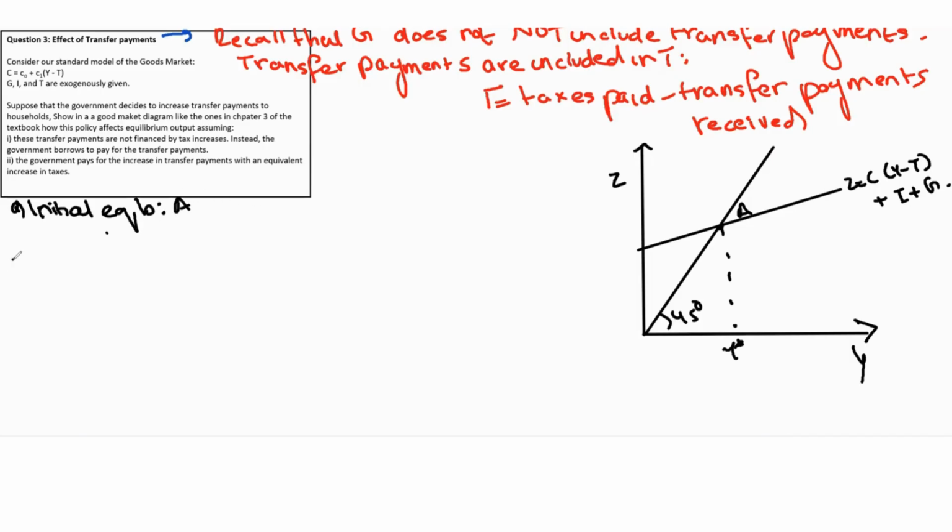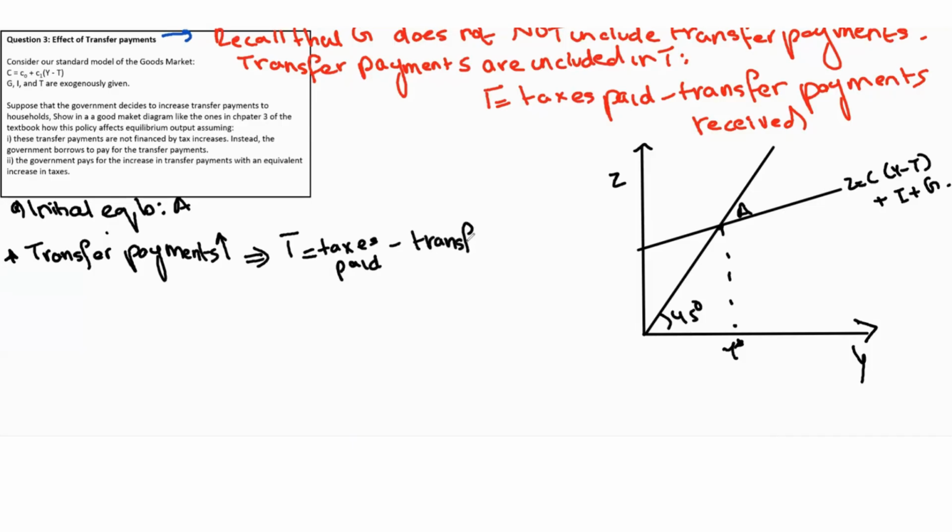Now transfer payments increase. As a result, T, which is taxes paid minus transfer payments received, is going to go down.